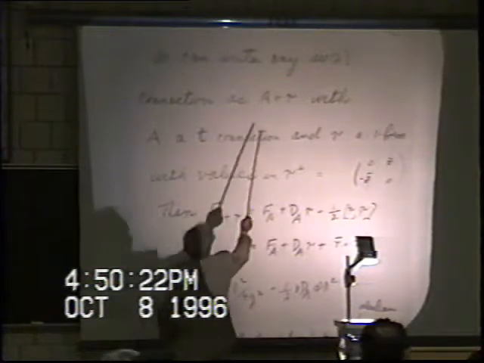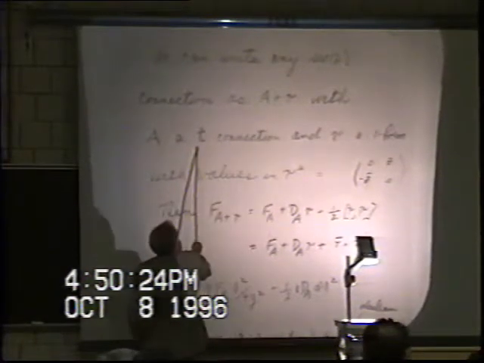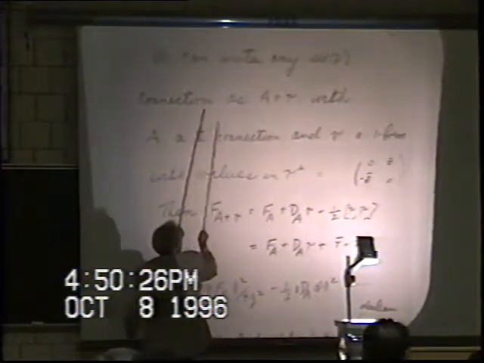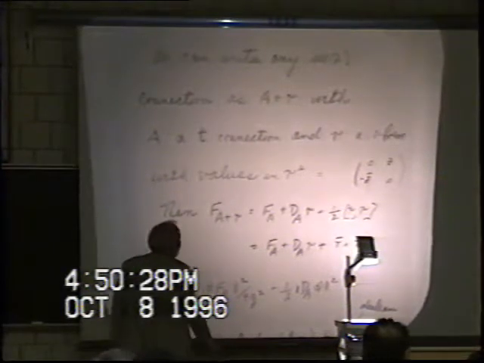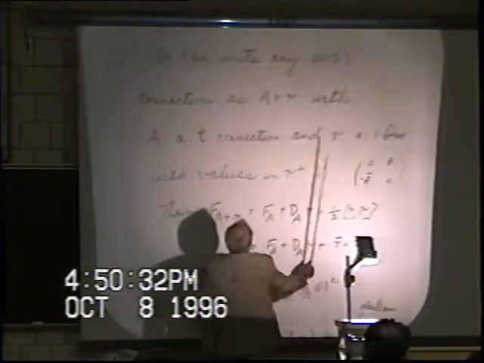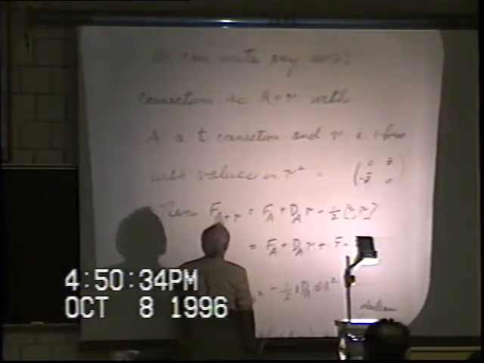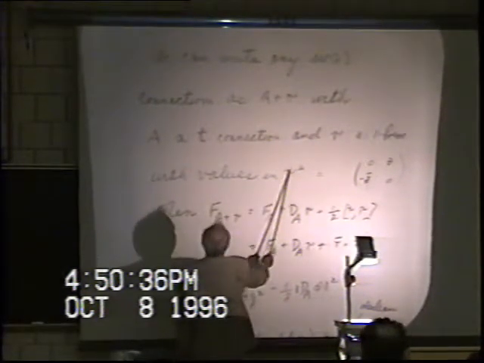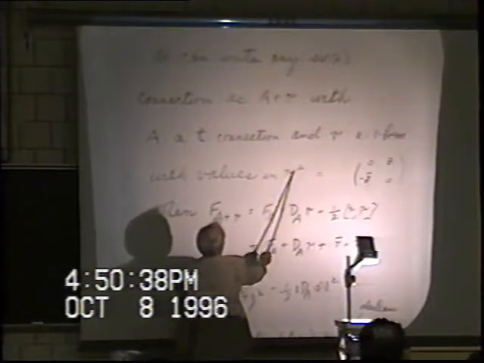So we write it as A plus tau with this A a T connection, so it's just a circle connection in our case, and tau is a 1-form. This should have been in T perp, sorry.